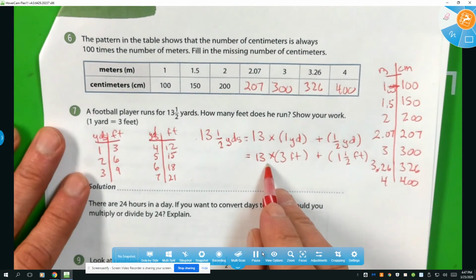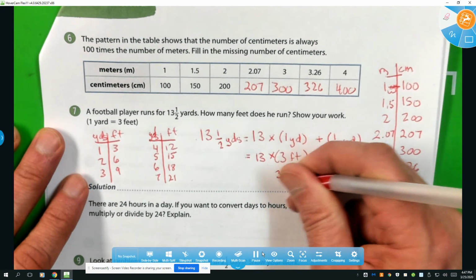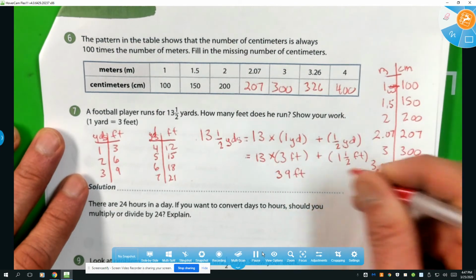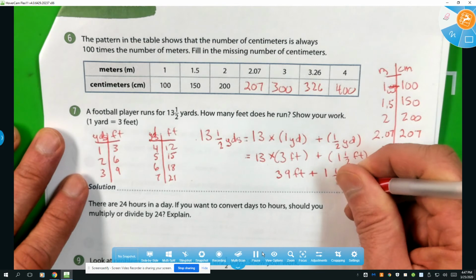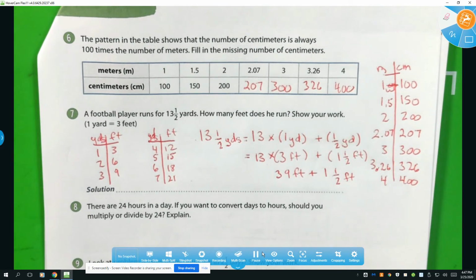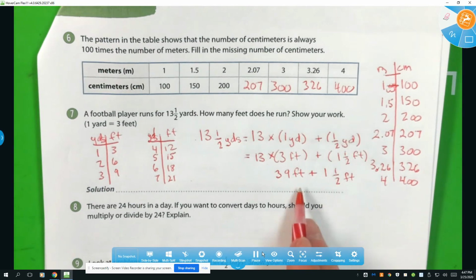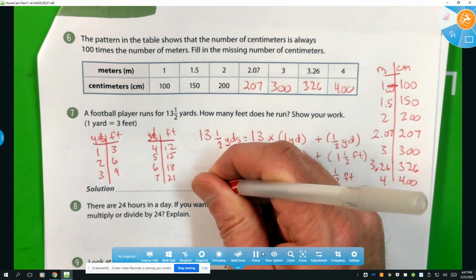So I know that we have 13 times 3 feet. It's going to be 39 feet plus 1.5 feet. So 39 plus 1.5 feet, it's going to be 40 and 1/2 feet.